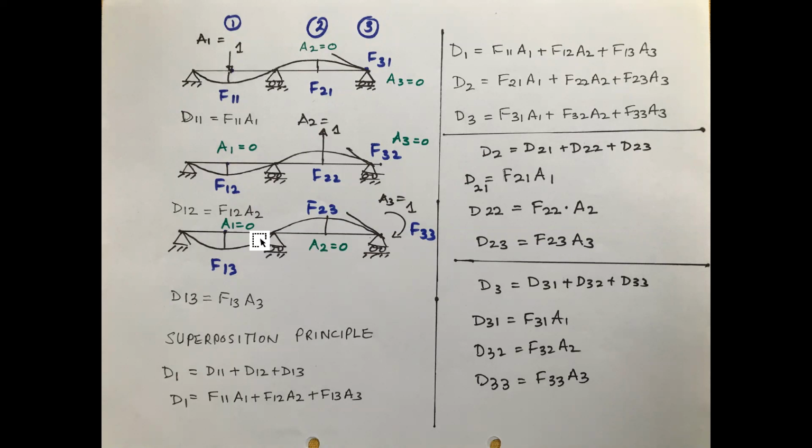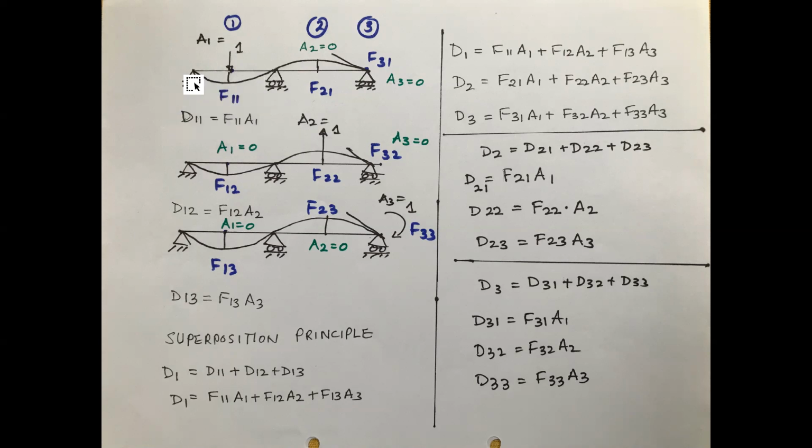Now, since we have applied the unit force, when I want to write the actual deflection, it is not because of the unit load, it is because of A1. So when I'm writing deflection here, D11 is F11 times A1, because in a realistic structure it is not a unit load, it is because of A1.